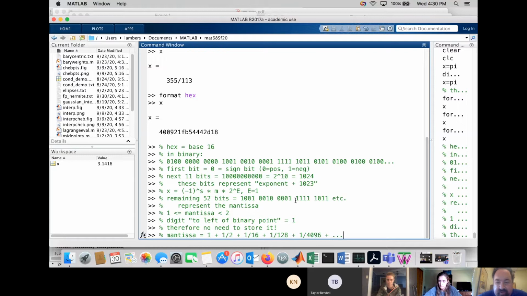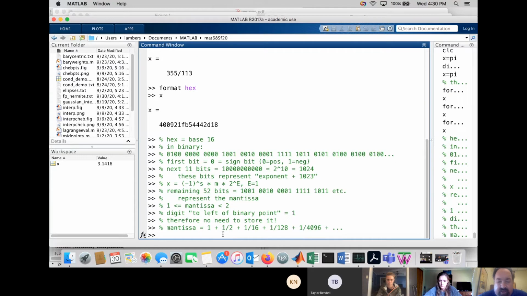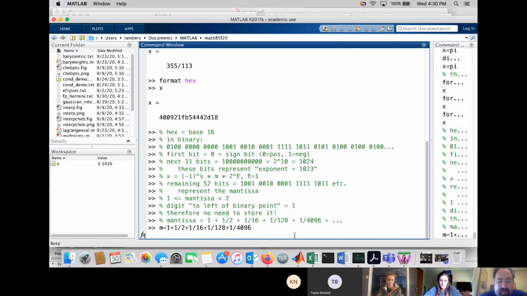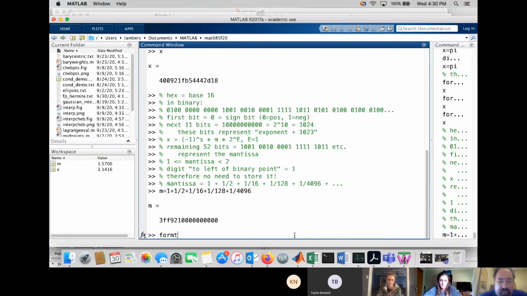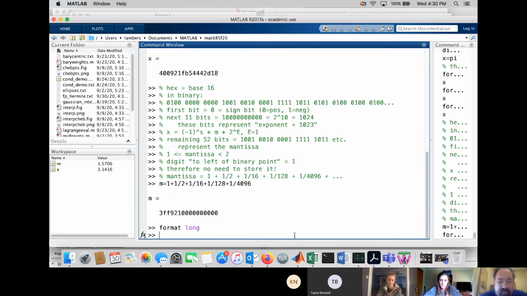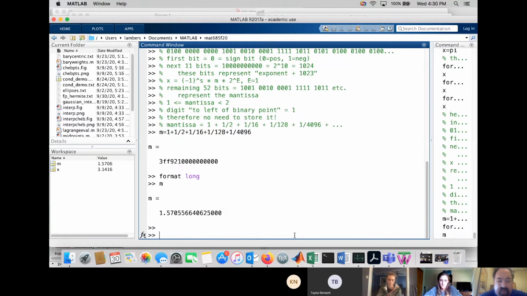And so on. Yes, I know my powers of 2 pretty well because I was also a computer science major. So what I'm going to do here is form this number. M is equal to 1 plus 1/2 plus 1/16 plus 1 over 128 plus 1 over 4096. I want to return to format long at least. Okay, so that's the number I have.